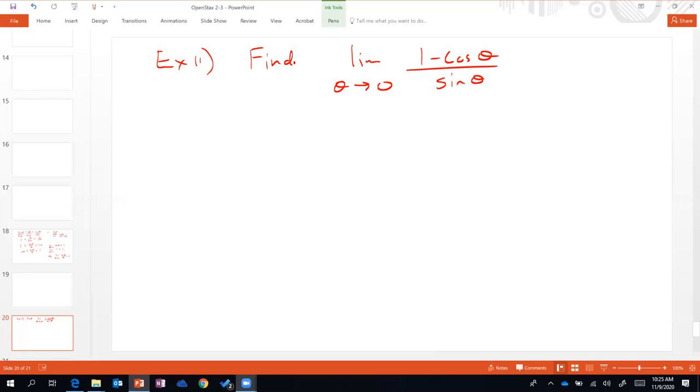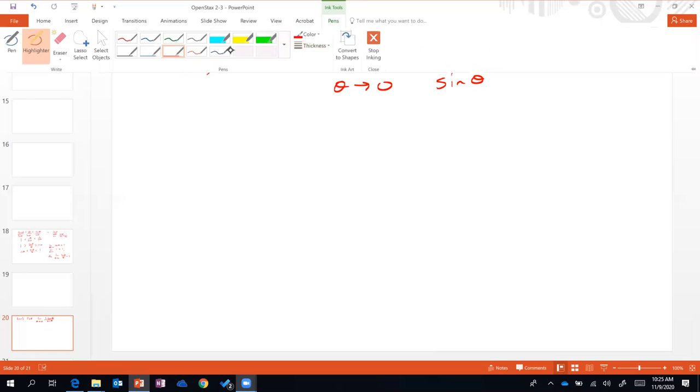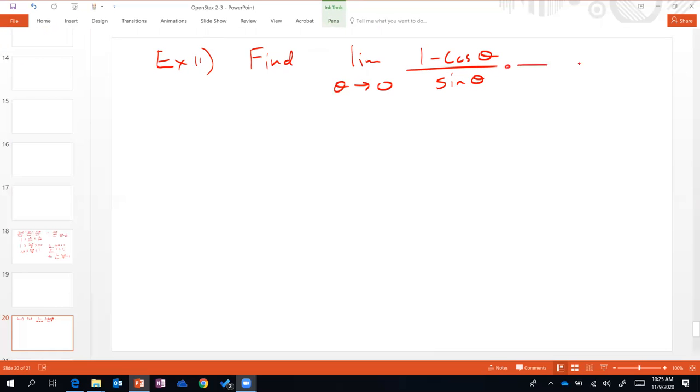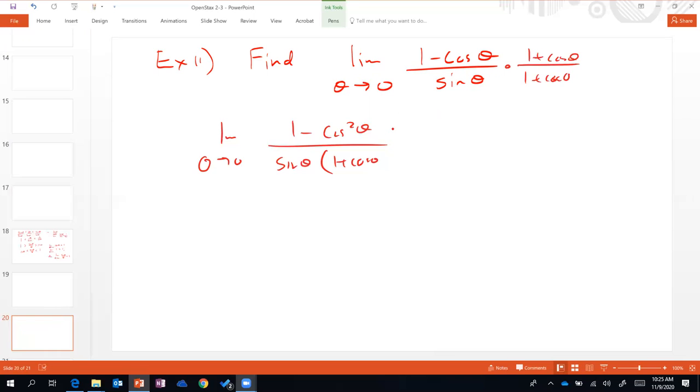Something similar to it, yeah. We're going to multiply by 1 plus cosine theta on the bottom.